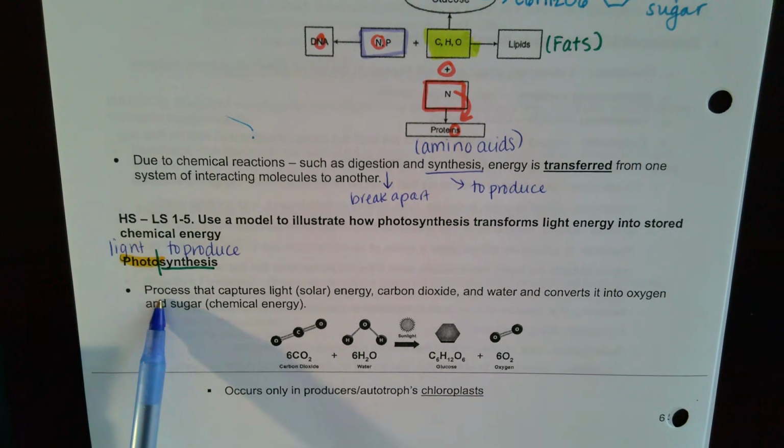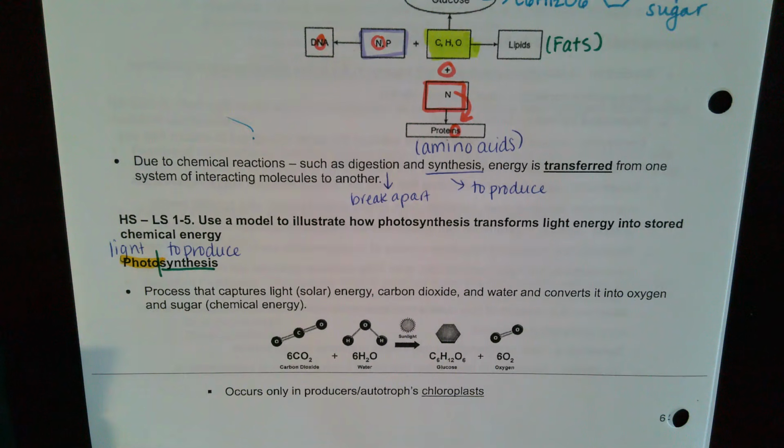A fancy definition that you might see is that photosynthesis is a process that captures light energy, carbon dioxide, and water and converts it into oxygen and sugar. This long-winded sentence is really just the equation that's represented here.